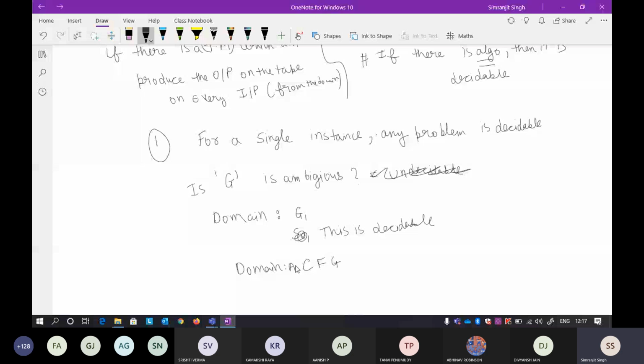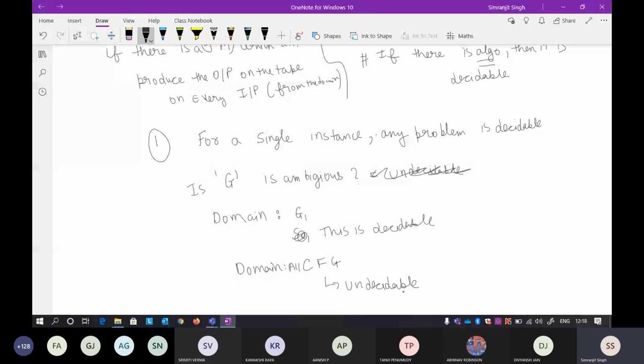You cannot develop a particular algorithm that takes any context-free grammar as input and says, by following the algorithm, yes, it is ambiguous, or no, it's not ambiguous. That is the main concern.